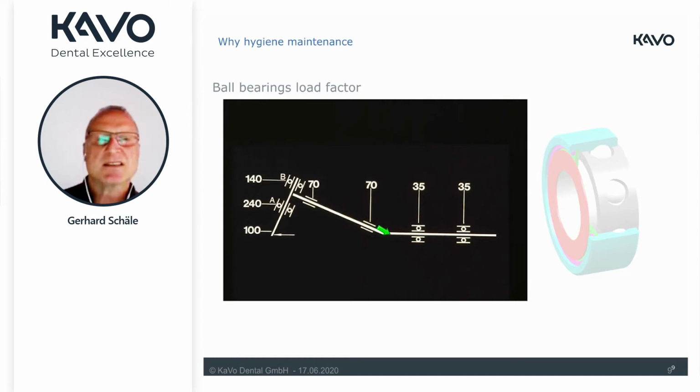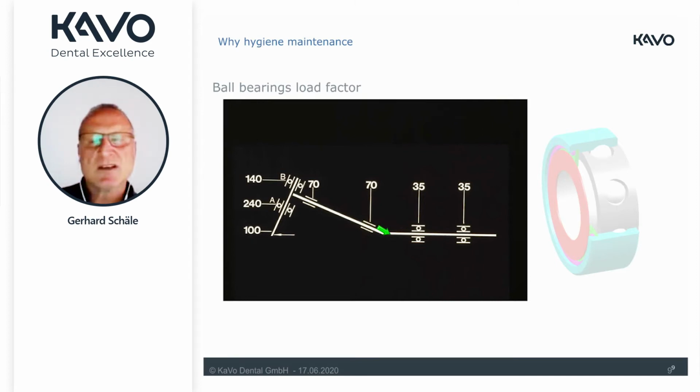The instrument is made from these ball bearings, and each of the ball bearings has a separate loading effect. And the influence of dirt, particles, blood, salt crystals, liquids, and chemicals will influence the lifetime of all movable parts on the inside.